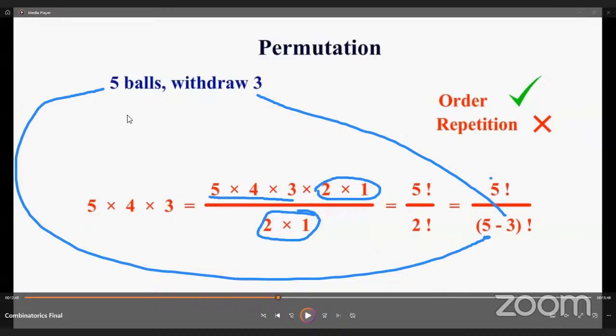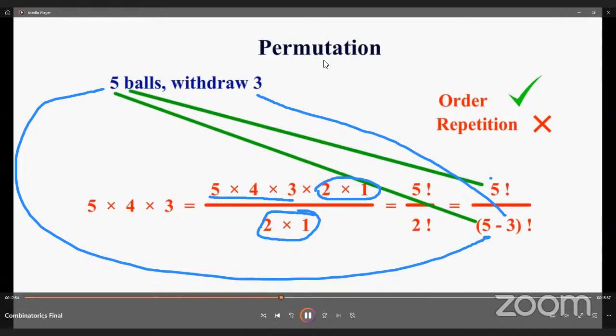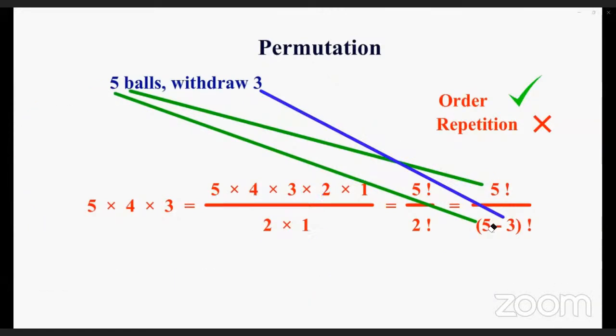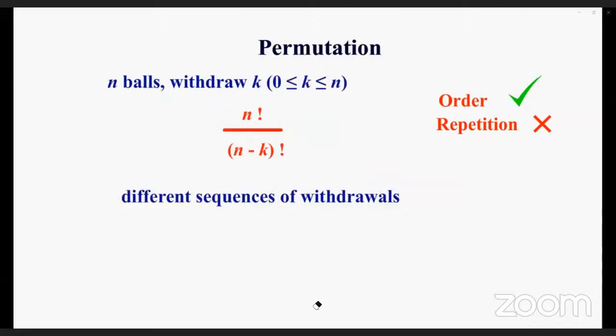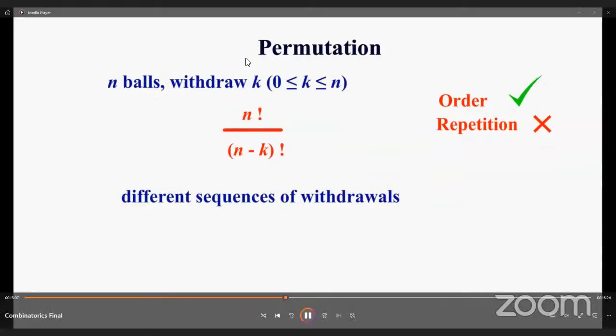So if you withdraw one ball with 3 withdrawals, without repetition, and the order is important, then you have something like this. And that is how you calculate the permutation. Okay, n balls, k withdrawals. It is the general formula.